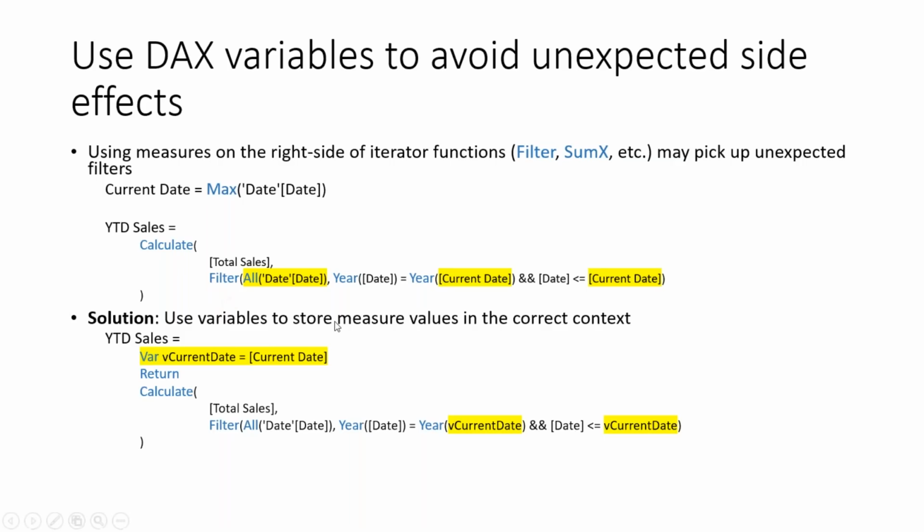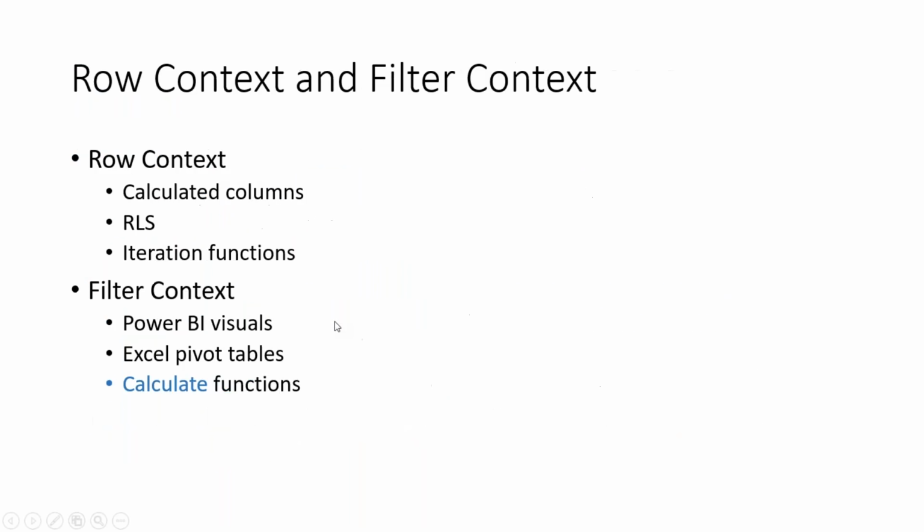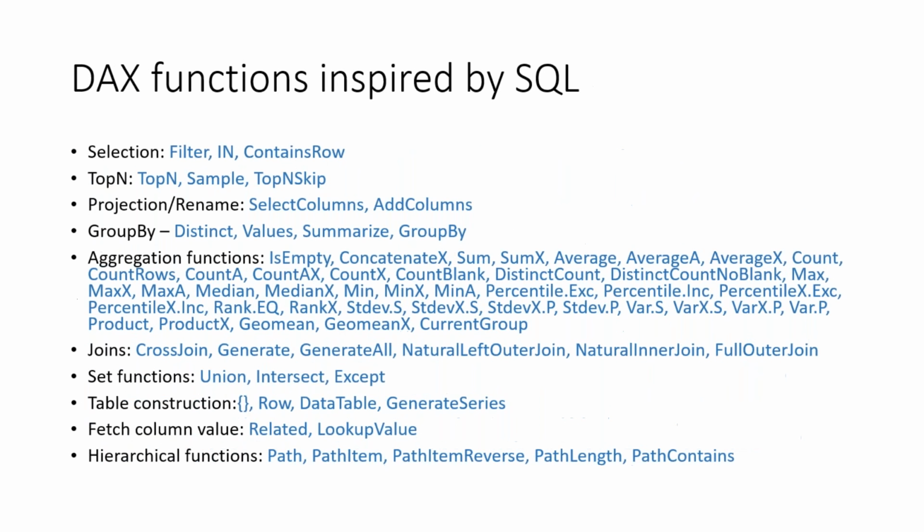Last time, we said that there are many DAX functions inspired by SQL, and many of those SQL-style functions are iteration functions, such as add columns, top n, filter, and all the like, sum x, concatenate x, average x.